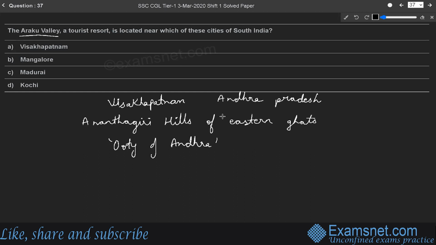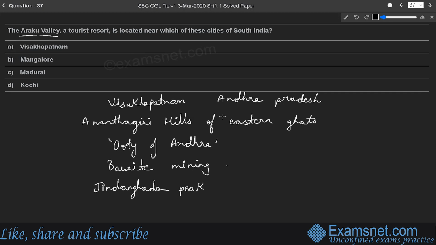This area is also exploited for bauxite mining. And the highest peak of Andhra Pradesh is Jindanghat Peak. So Jindanghat Peak is the highest peak of Andhra Pradesh, and also Eastern Ghats rises from here.